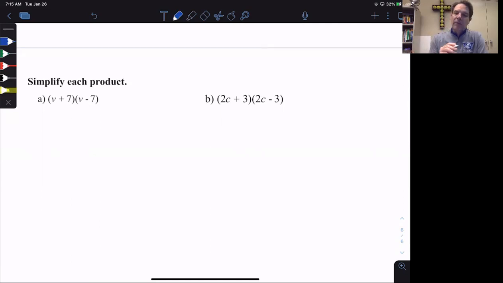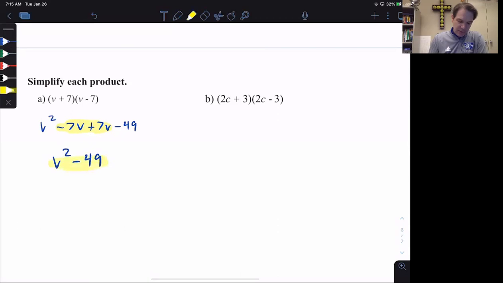So let me use the distributive property first, just so you can see it. V times V would be V squared. V times -7 is -7V. 7 times V is 7V. 7 times -7 is -49. And you can see that these middle terms right here are going to cancel out. So you're left with V squared minus 49.